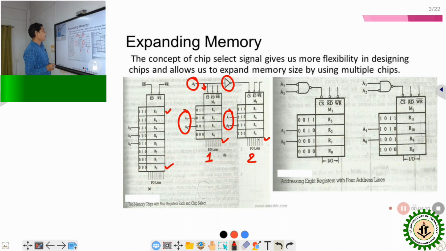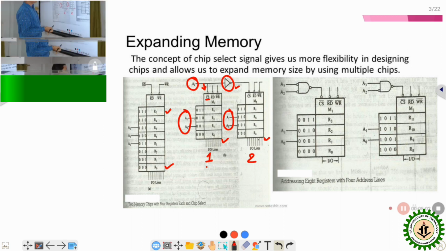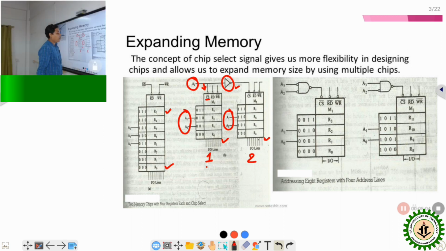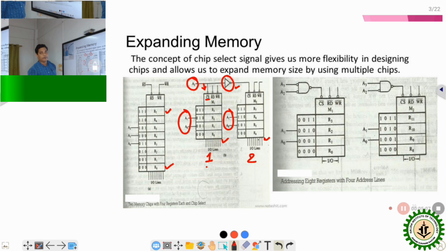So it is observed that if A2 equals 0, then the first memory is going to be selected, because the chip select signal of the memory is active low. So when A2 equals 0, the first memory chip will be selected. Similarly, when A2 equals 1, the output of the NOT gate will be 0, and at that time memory chip 2 will be selected.